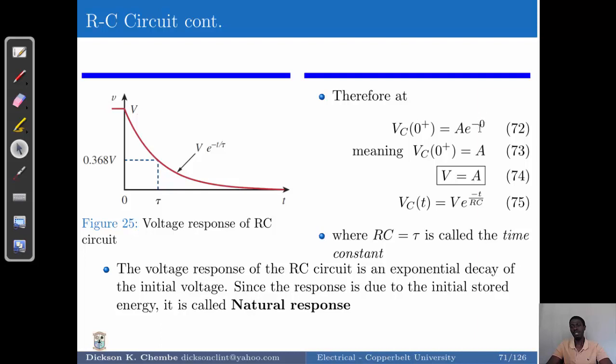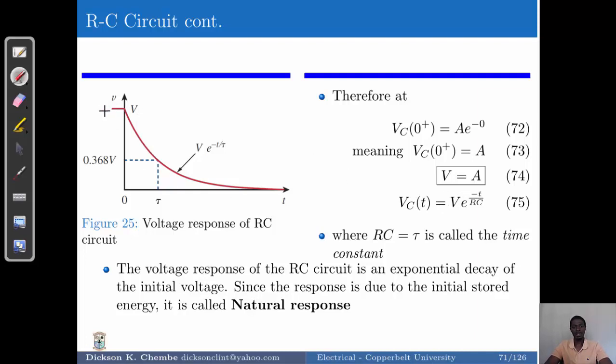So at the time when time is equal to 0, VC at 0 plus is going to be equal to A, because this exponential term is simply 1, and therefore V is equal to A, and we replace that A by V. We obtain the value of the capacitor voltage as a function of time to be equal to this here.